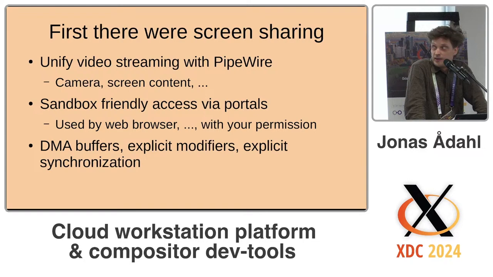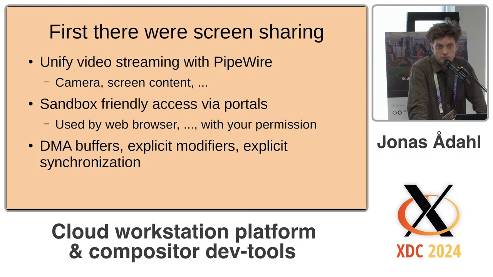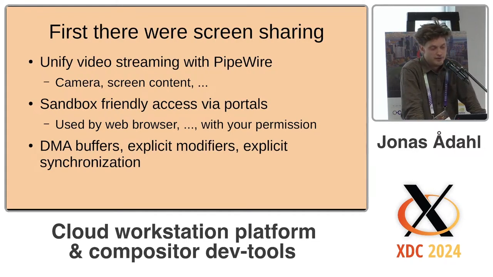So it has been an iterative process. We started with screen sharing that you might have used. We first decided to have a unified video streaming using a new project at that time called PipeWire. It was called Pinos when we started doing this work, but it was renamed to PipeWire, as you probably know.